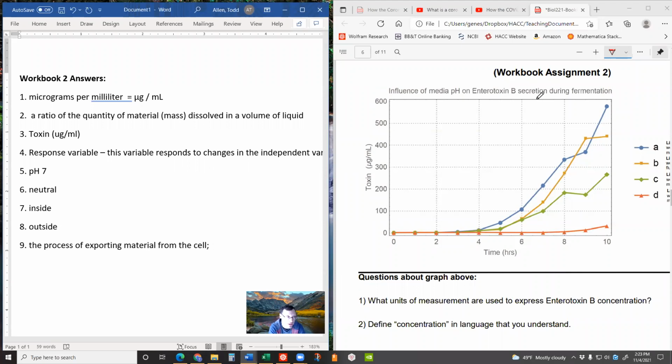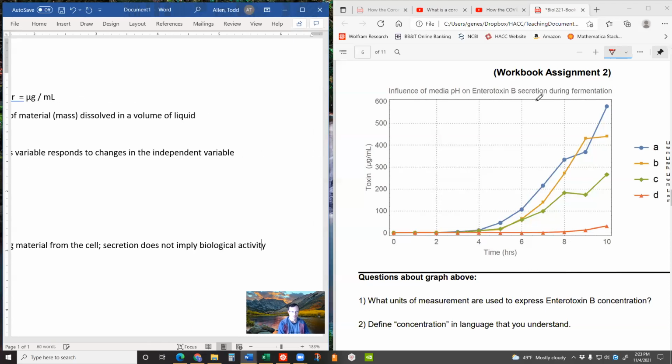They export the television from their store location and ship it to your house. It doesn't mean the TV is actually going to work when it gets to your house. The TV could be broken for some reason. So please understand that secretion does not imply biological activity.